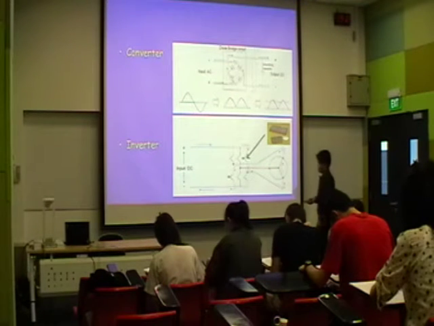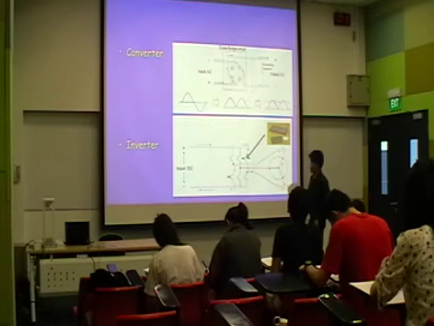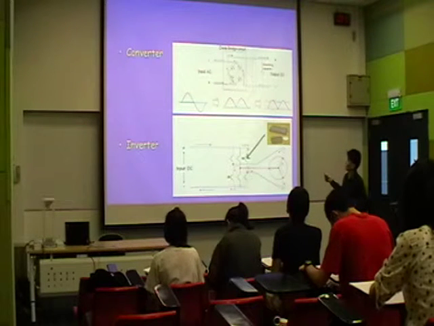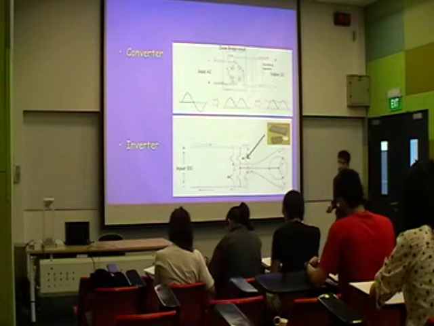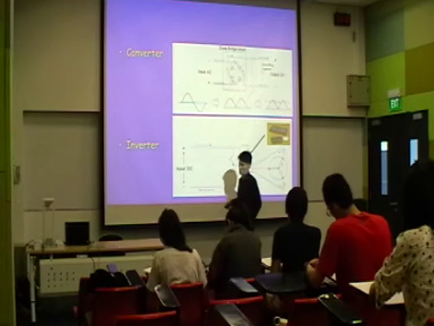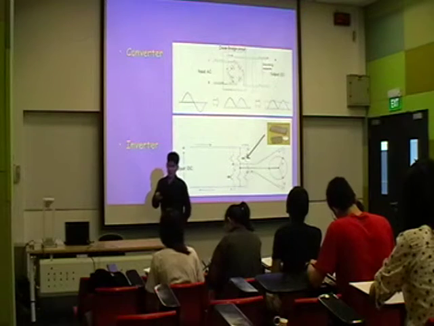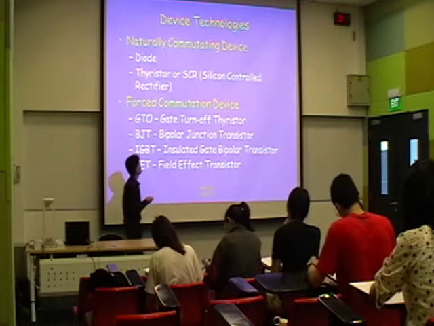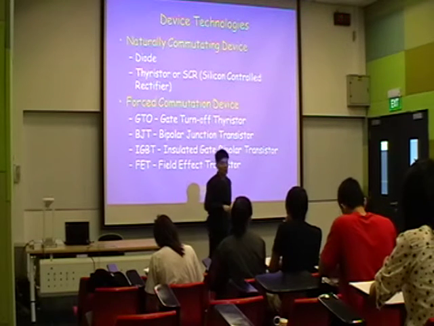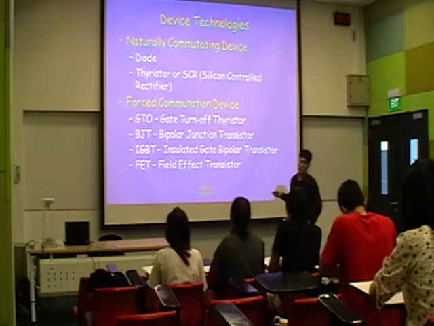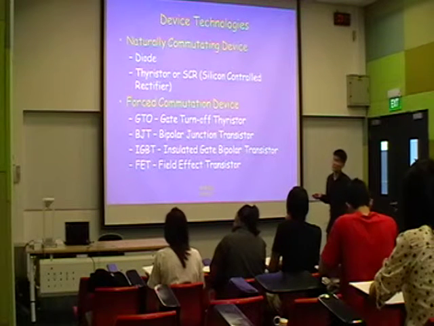Whereas the inverter, which is the part that you connect to this output DC, will try to change the frequency, because you are trying to convert back to AC. There are a few types of technologies used in inverters.